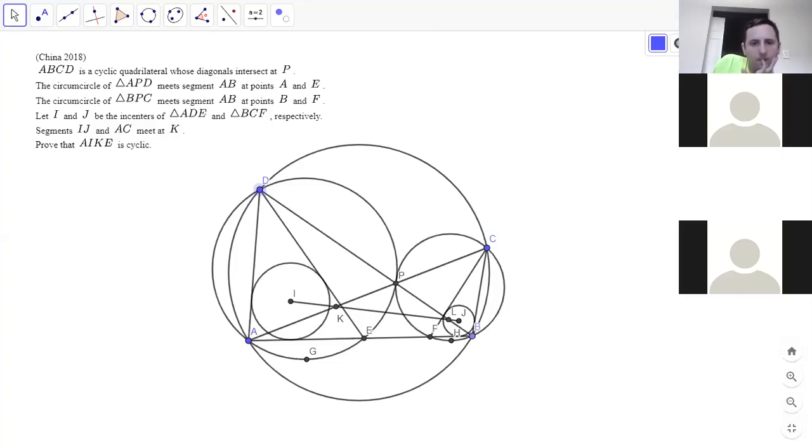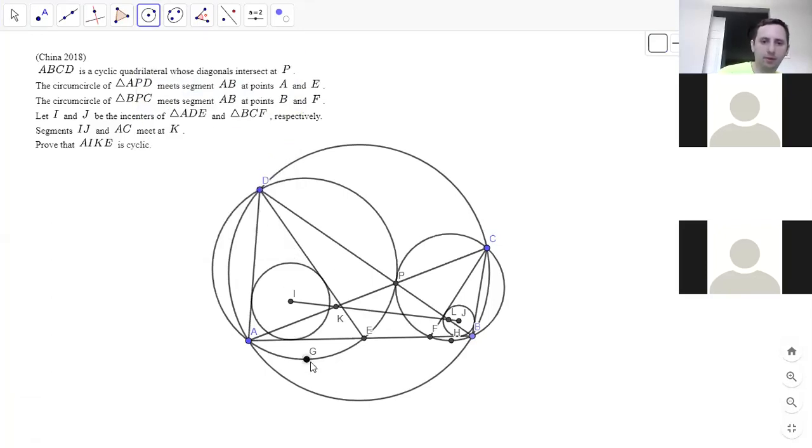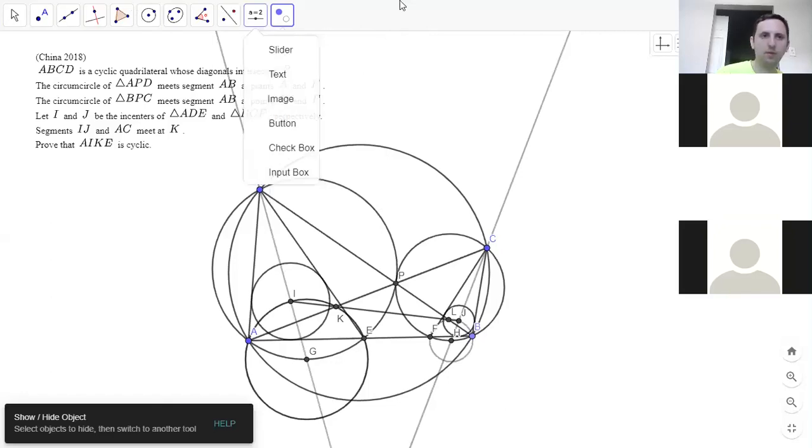Maybe we should define K differently. What if we define K as the intersection of this circle with AC? And then we try to show that I, K, and J are collinear. Or we can define it with center P and radius PE, PF.